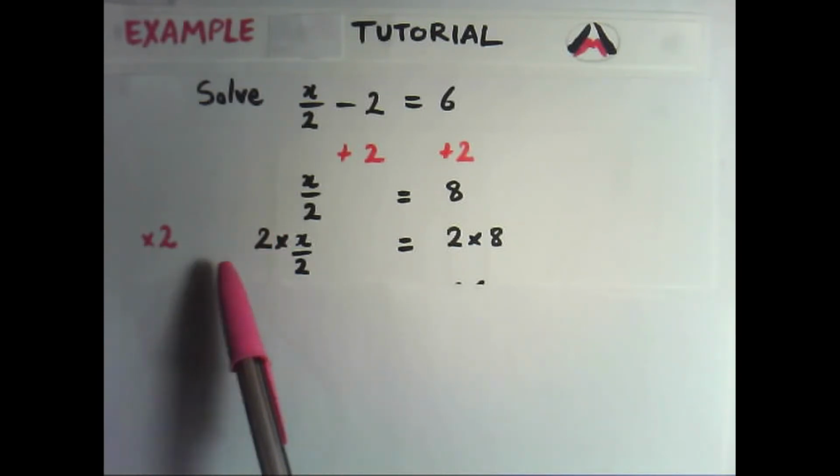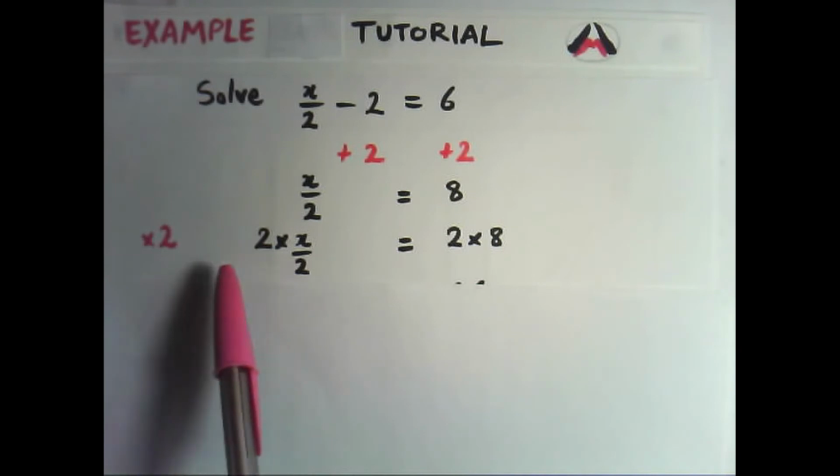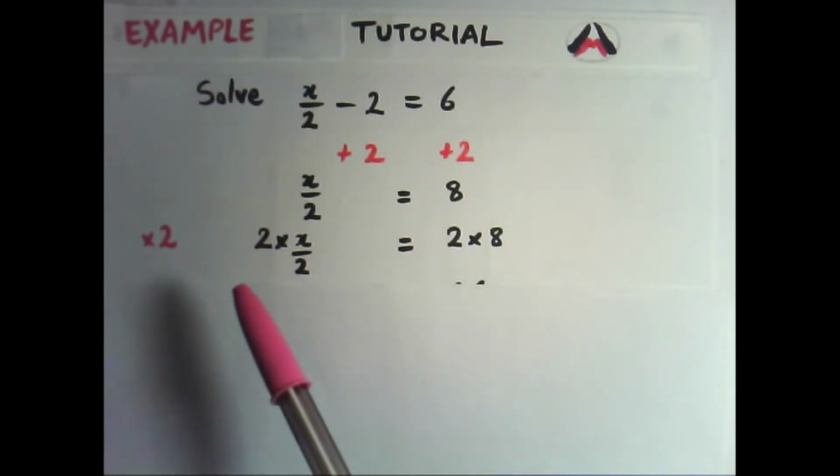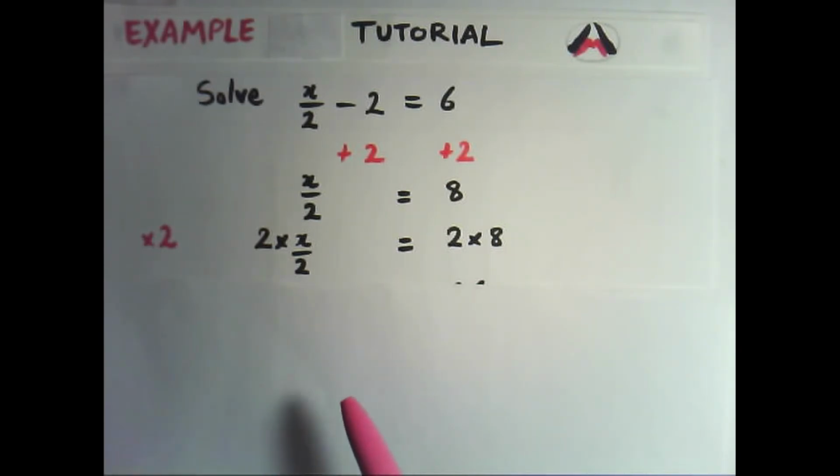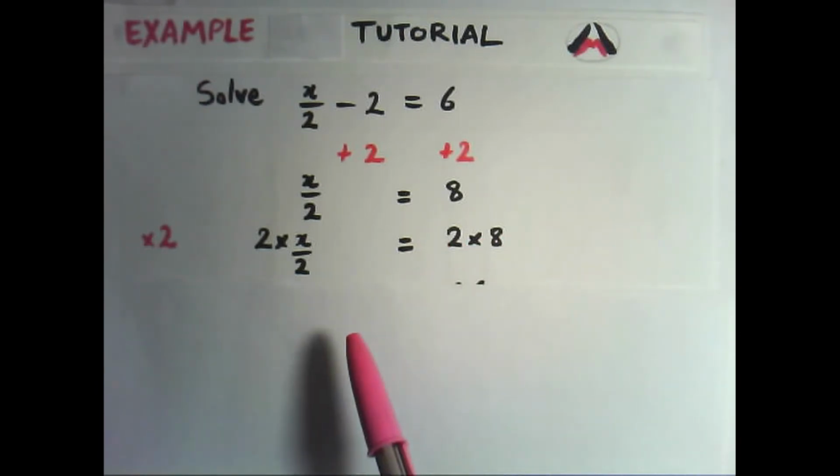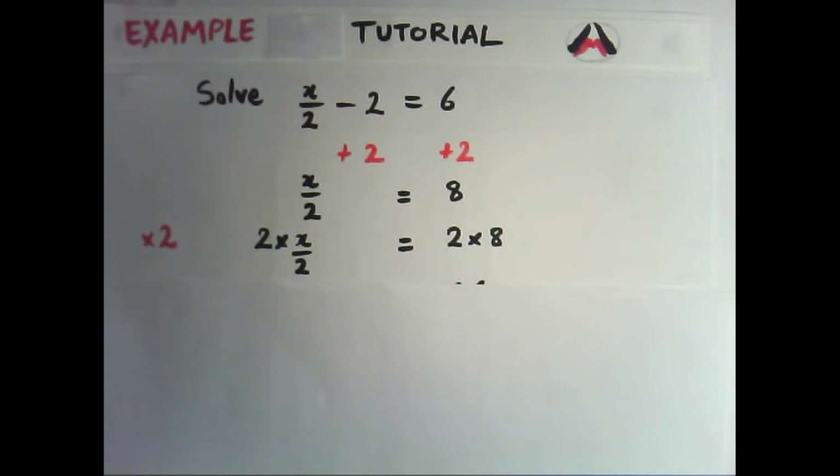So these numbers would cancel out and we would just get a 1x. Normally, algebraically, we do not write 1x, we just write x by itself. And 2 times 8 will give us 16. So we find that x is equal to 16 is the final solution to this linear equation.